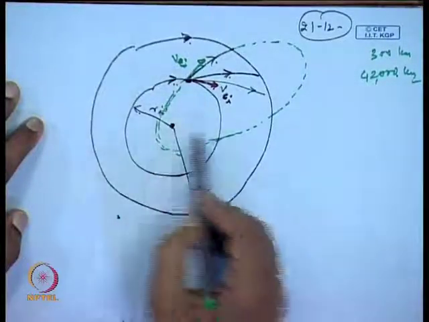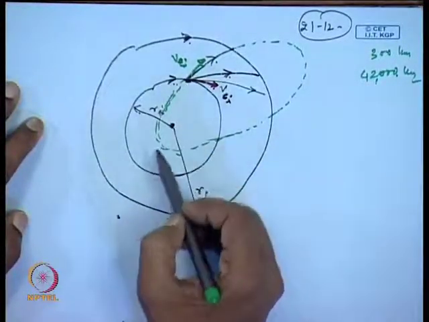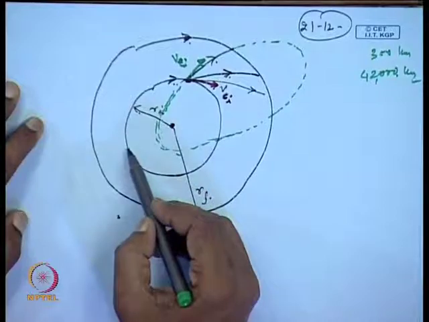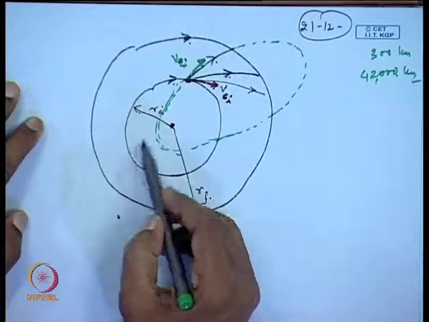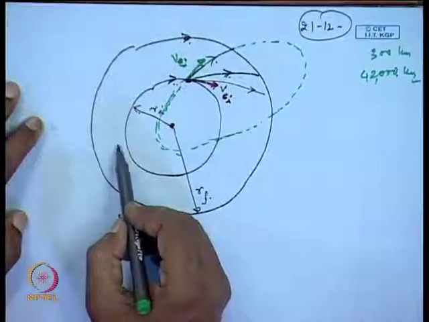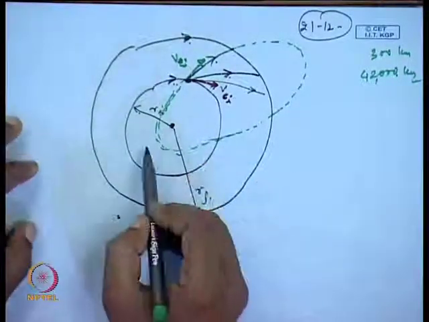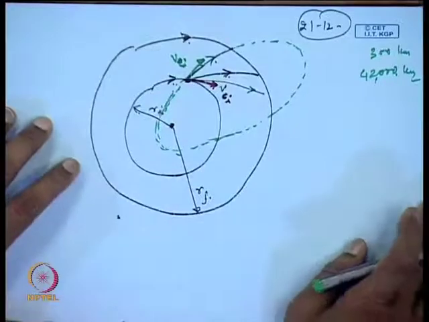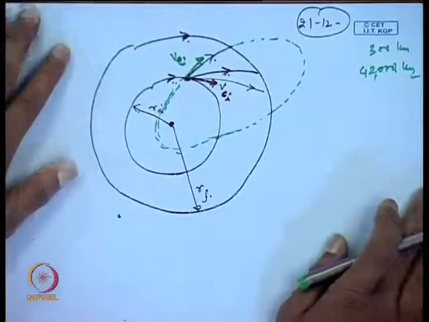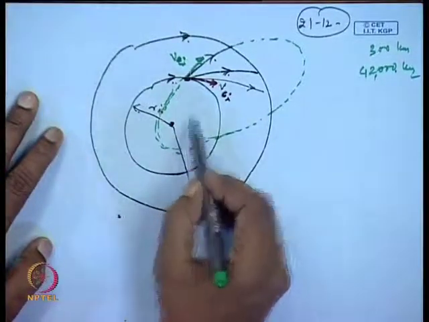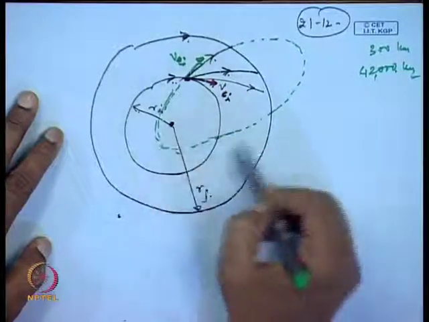So, we have to check for all that, that the perigee does not touch the earth. Not touching the earth only is not the requirement, but it should not come into the atmosphere also, otherwise it will get burned. So, this care must be taken.